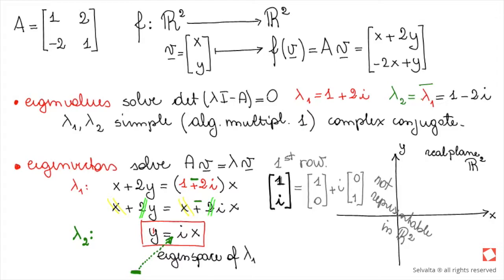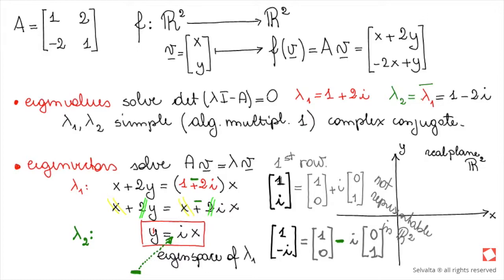Then the eigenspace associated to lambda 2 will be (1, minus i), that is, split it into the real part, (1, 0), and the imaginary part, we will obtain the complex conjugate value of the eigenvector seen before.